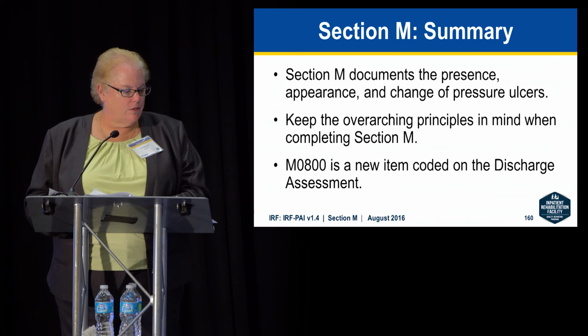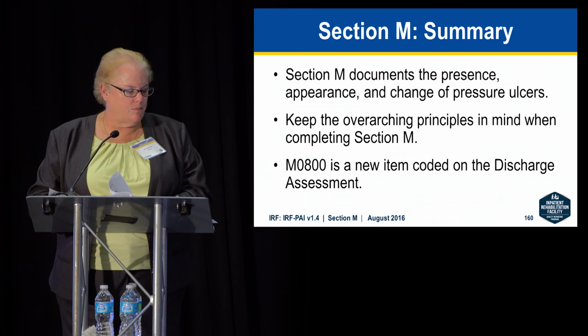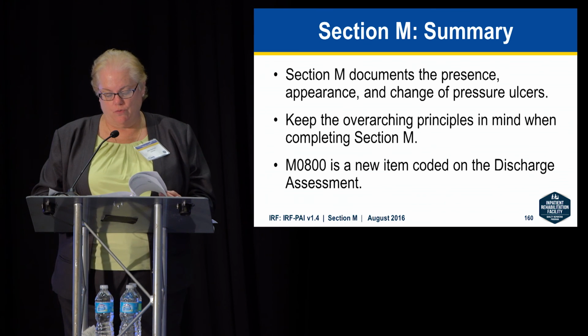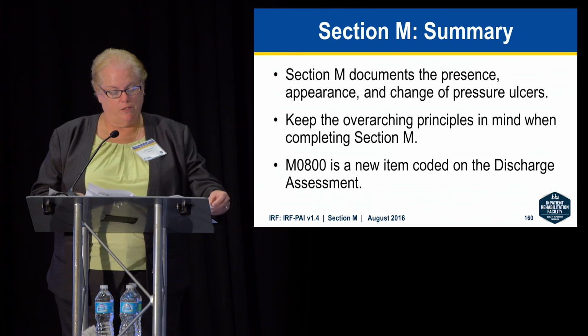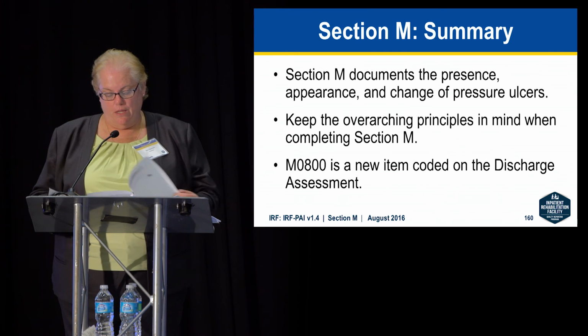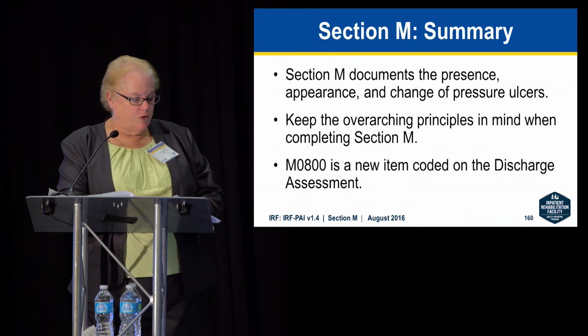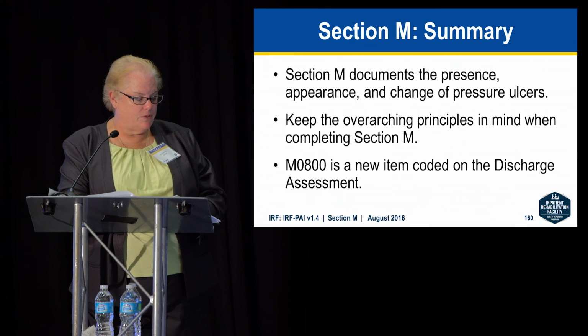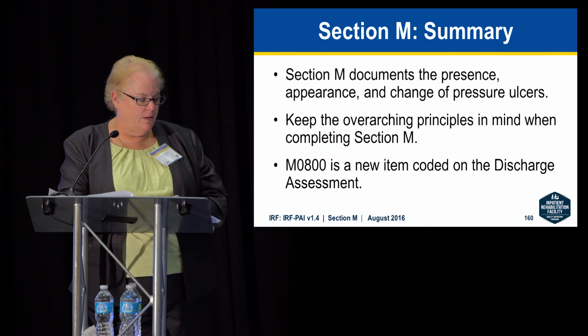Okay, so let's look at the summary for section M, which documents the presence, appearance, or change of pressure ulcers. This gives us a sense of what we're dealing with around this important issue. And we keep the overarching principles in mind when completing section M. Remember all those little caveats that I just talked about.